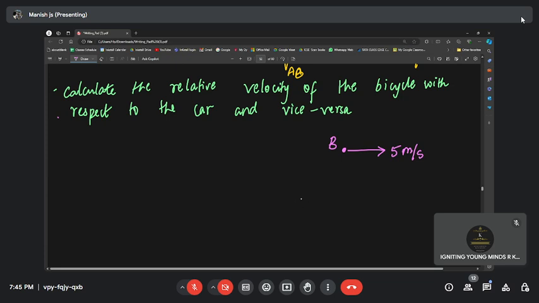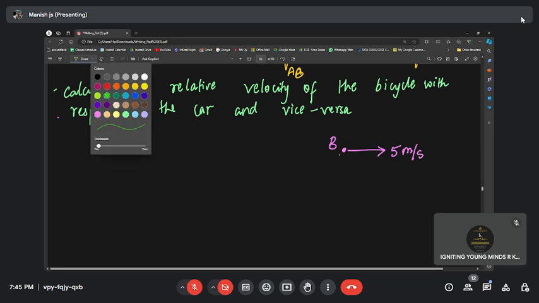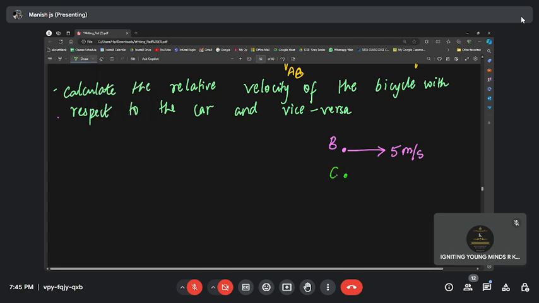The direction is given by the arrow mark, as you see. Similarly, you also have a car, given by the point C. That's also moving along the same direction, but there's a difference in the velocity. The car is moving with a higher velocity of, say, 12 meters per second.